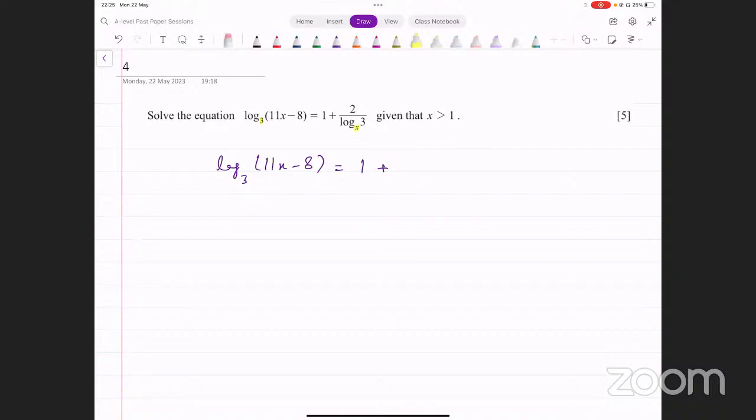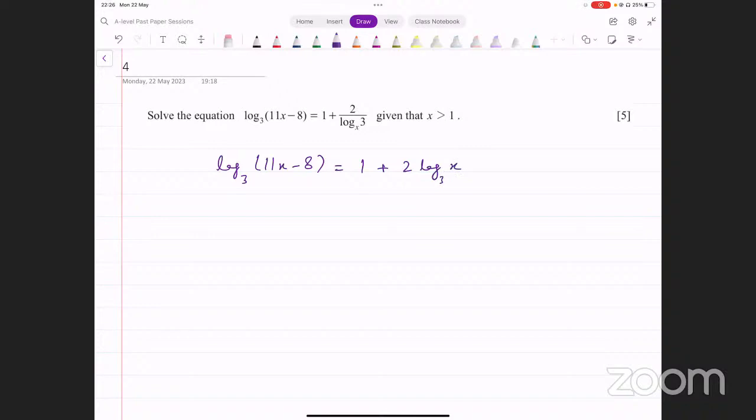We can use the change of base law here. Denominator में देखें आपके पास log of 3 with base x आ रहा है. अगर हम इसको numerator में ले जाएं तो क्या करना पड़ेगा, ये 3 और x को हम interchange कर सकते हैं. So this could be written as 1 plus 2 into log of x with base 3. We could write it like this.